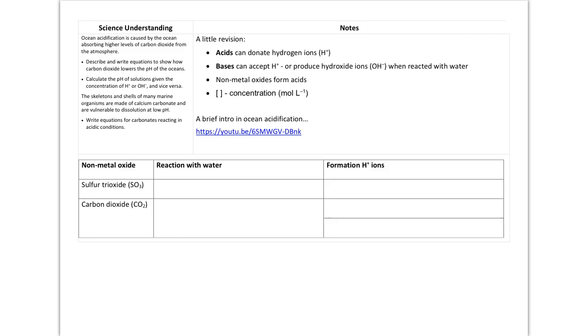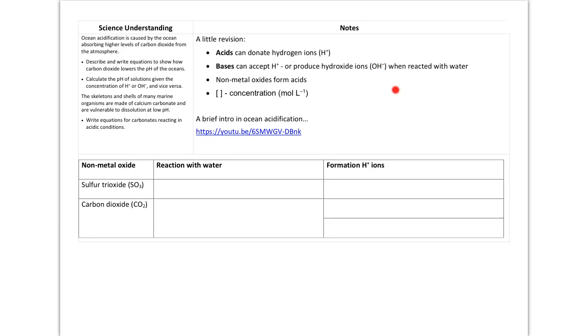Just in terms of that revision, I think we need to remember that acids can donate hydrogen ions. The definition of an acid is a substance that can donate hydrogen ions. A base is something that can accept hydrogen ions. Or, and this isn't strictly correct but for the purposes of what we need to know it works, a base is something that will produce hydroxide ions when reacted with water.